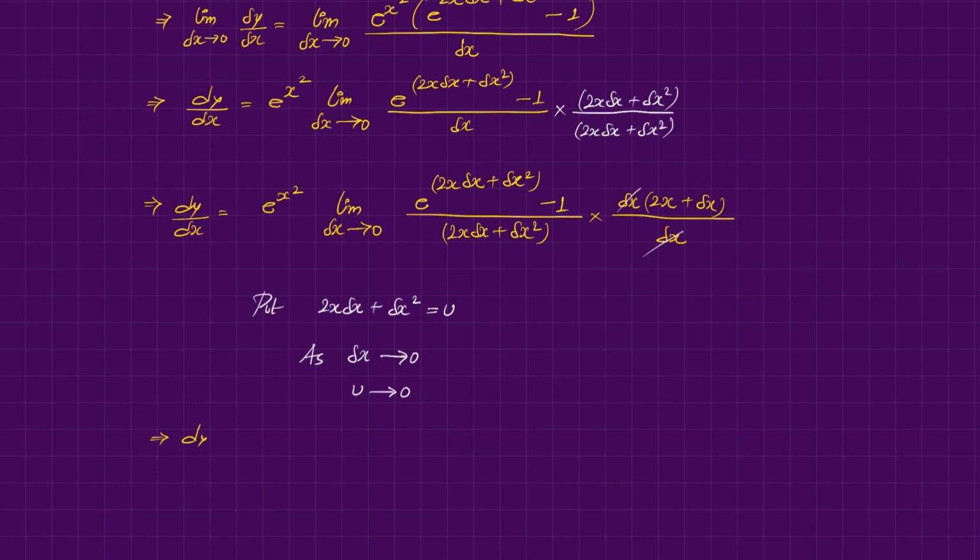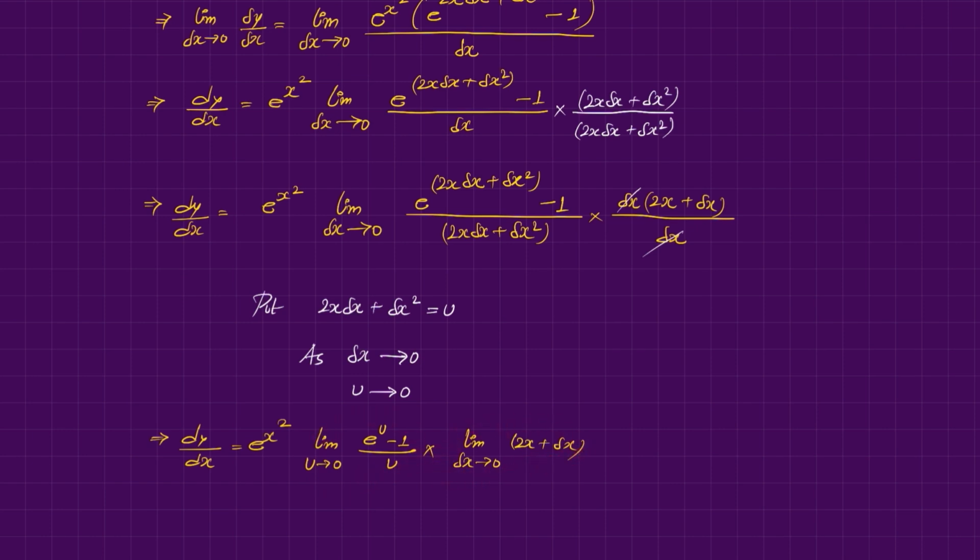This implies dy by dx equals e to the power x square, limit u tends to 0, e to the power u minus 1 by u, times limit delta x tends to 0, 2x plus delta x. Now as you can see, this is in the formula and the value of this portion is 1, and here I will put delta x as 0.